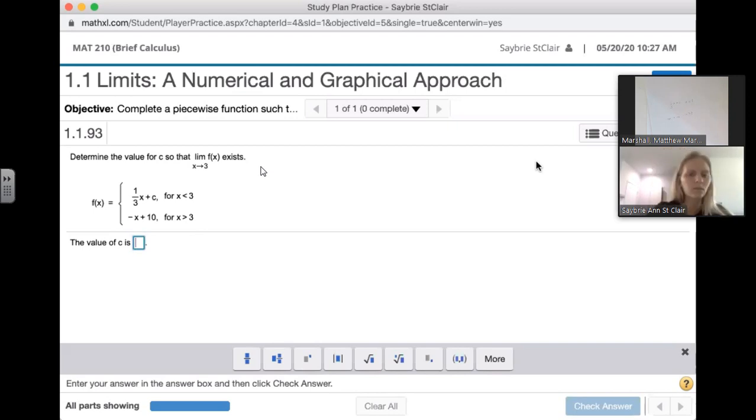One-third x, and then determine, let's see.